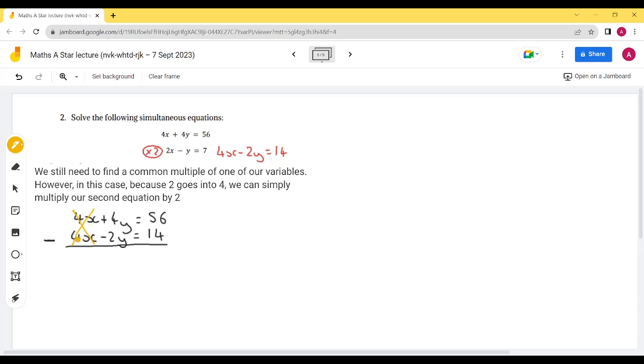But with our y's, we've got to be really, really careful here. This is why it's very easy to get caught out, because really what we are doing is 4y minus minus 2y.